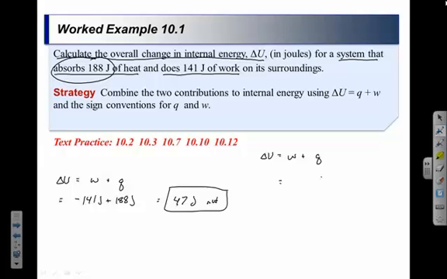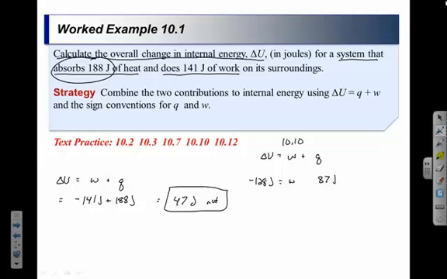So that's a positive quantity. And then it says the energy of the system decreases by 128 joules. So if the energy is decreasing, that's a negative. Total, as they're telling us, the total energy is decreasing. The total energy change is negative.